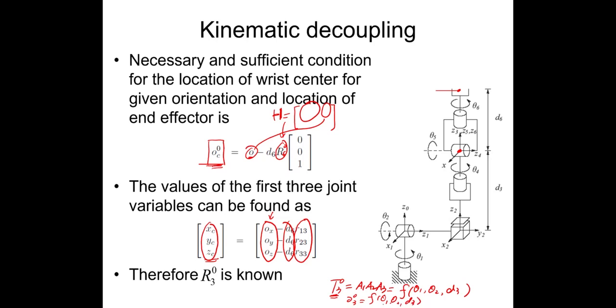And then with these three variables, we know that R30 is also a function of theta 1, theta 2, and D3. So then we can quickly find out R30. So by this decoupling, we can find out this R30.